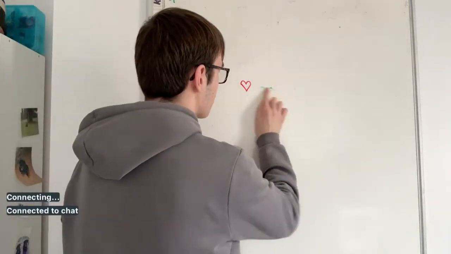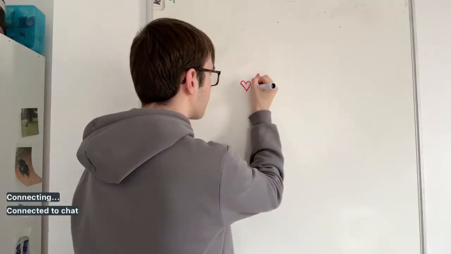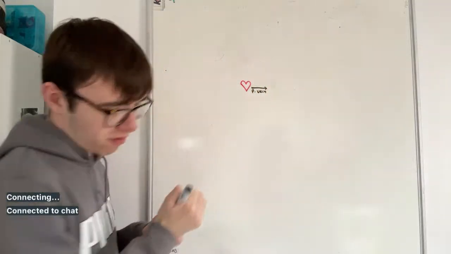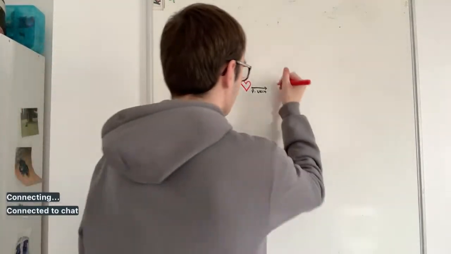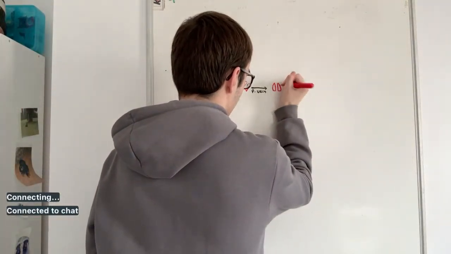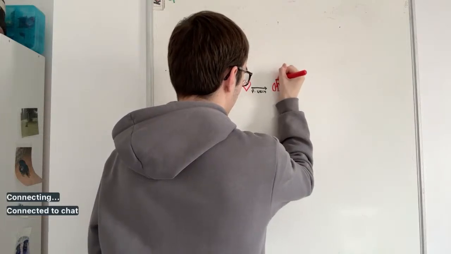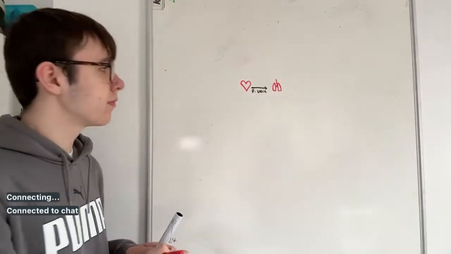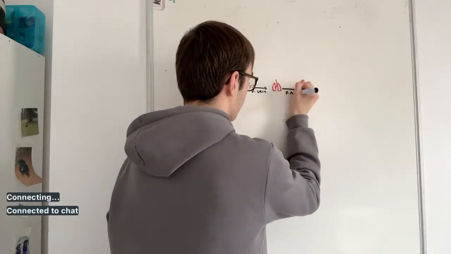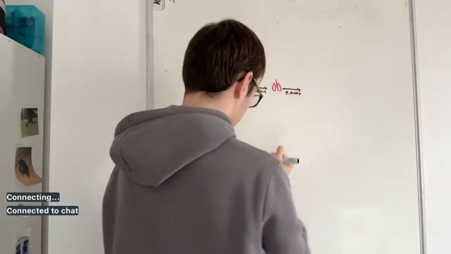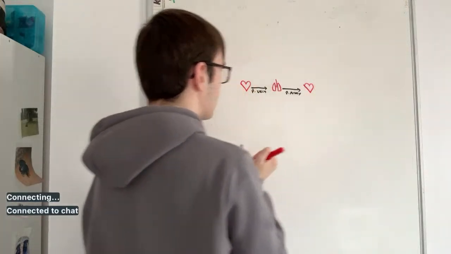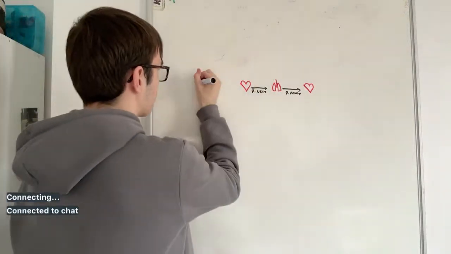So from the heart, the pulmonary vein goes into the lungs. Okay. Where then the pulmonary artery goes back into the heart. And that's the pulmonary circuit.